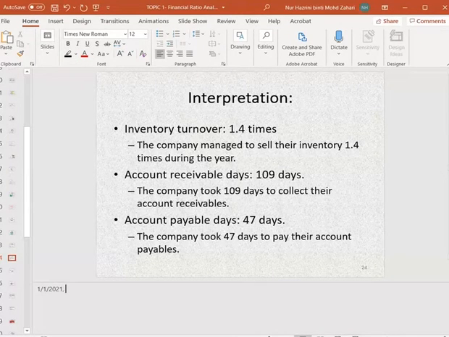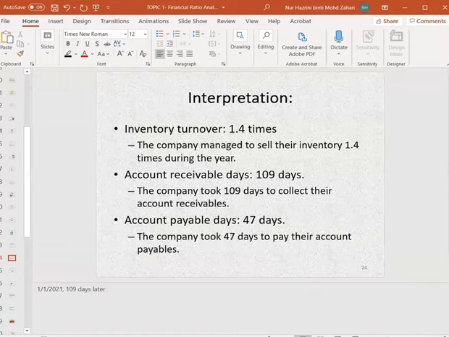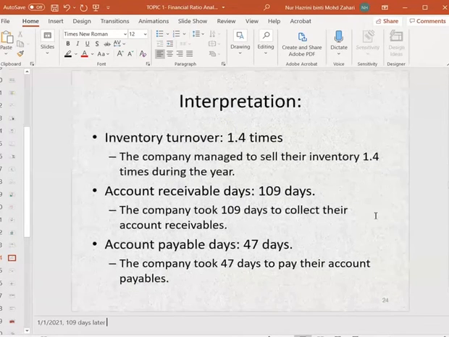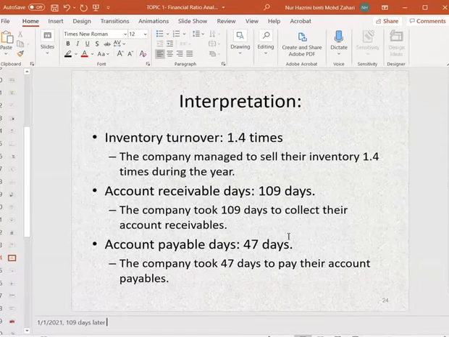That's why you have account receivable. So 109 days later, you are able to collect back the money. If you sell on 2nd January, then 109 days later on average. So on average, the company took 109 days to collect back their account receivable.